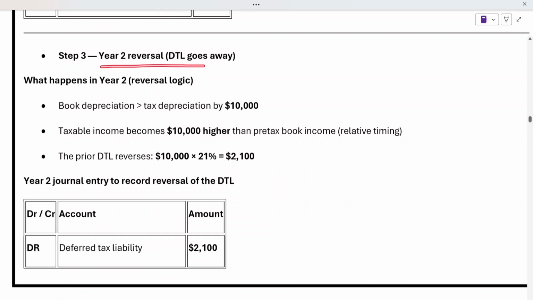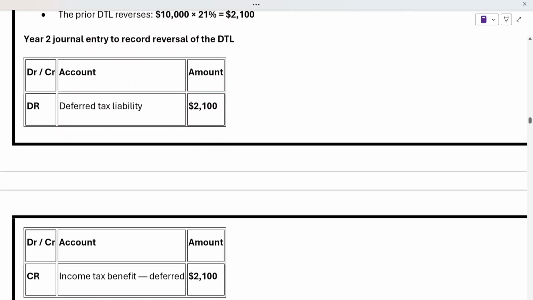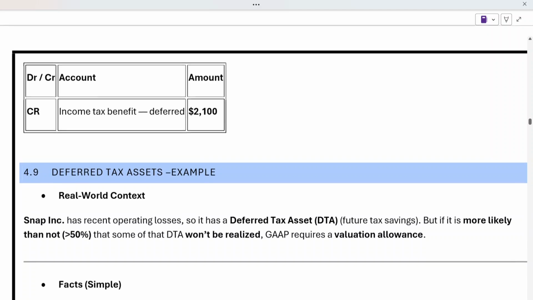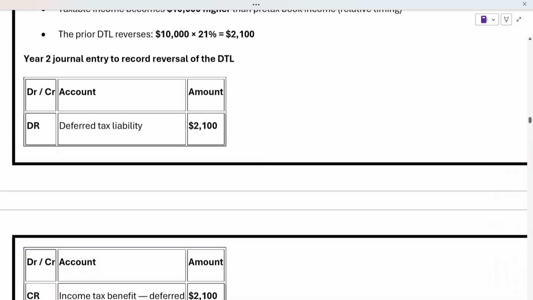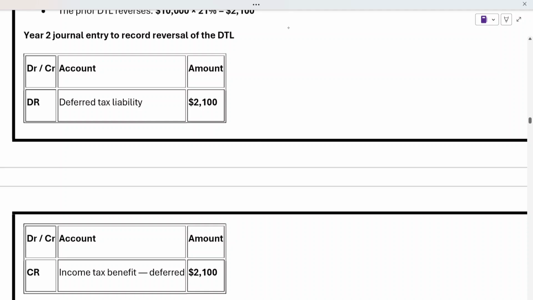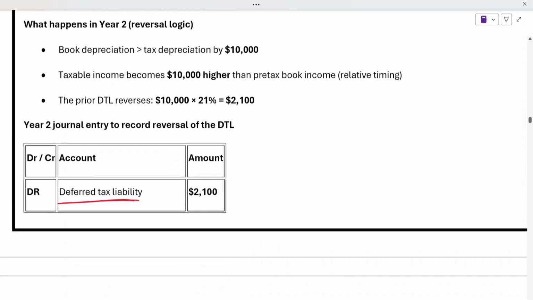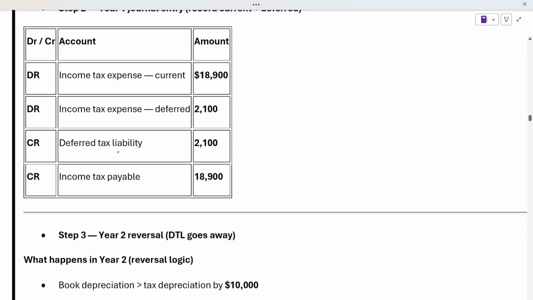Now in year 2 what will happen, you know that your book depreciation is greater than tax depreciation by 10,000. Effectively we had seen above that 10,000, you know that you have that 10,000 which will be reversed in year 2, so you will get the impact of that. So in year 2 you know that this deferred tax liability which was credited here will now get offset.